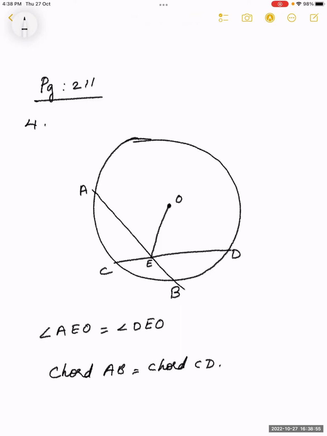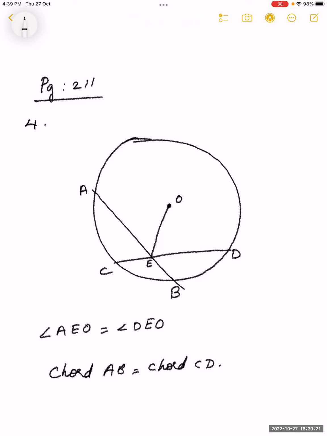Now, the condition is OE is dividing angle AED. If that is the condition, then you have to prove that the chords are equal. Equal chord means the chords are of the same length. Okay. Is the question clear? Yes, ma'am. Okay.